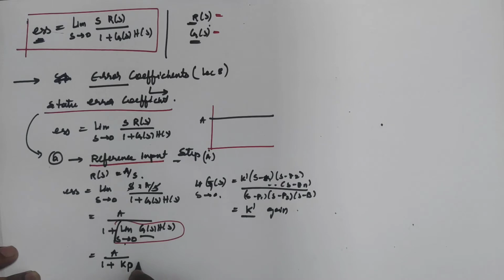So I name this Kp the position error coefficient or static error coefficient.